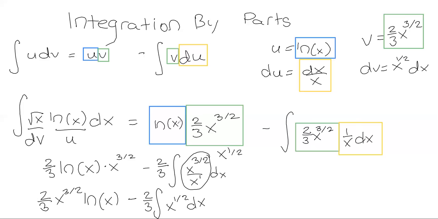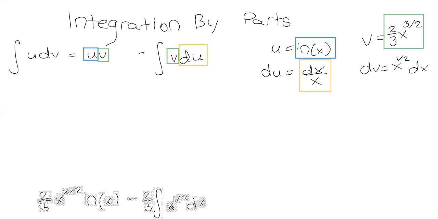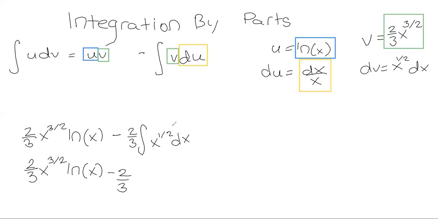So now I'm going to clear away some of the things we don't really need anymore. We have 2/3 x to the 3/2 times the natural log of x. And then we're going to have minus 2/3 times whatever this antiderivative is going to be. So we're going to add 1 to the power. We get x to the 3/2. And then we're going to divide by 3/2.